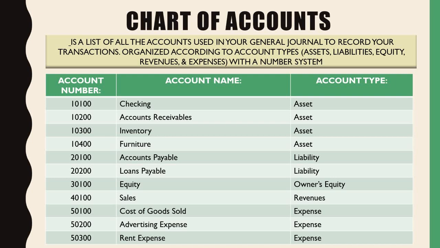So once again, you can't have a set number of accounts that you can predict in the future, but you should be able to make a list of things that you could potentially use right when you start your business, okay?